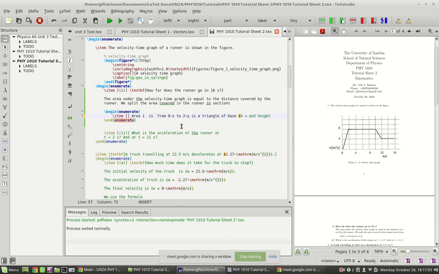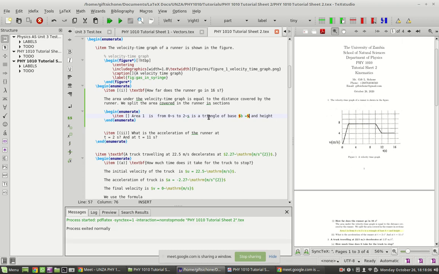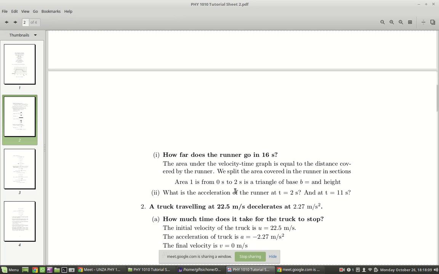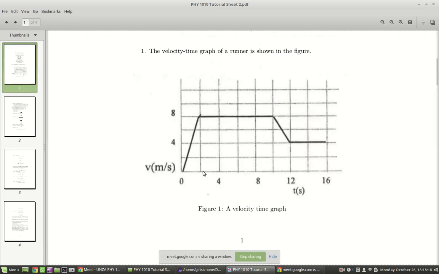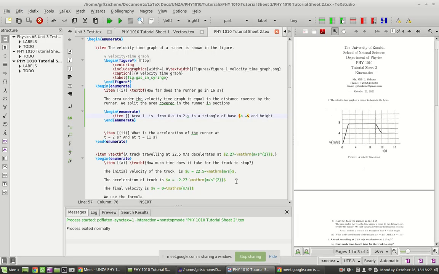How much is the base of the triangle from 0 to 2 seconds? This one here, area 1, from 0 to 2 seconds. That's the triangle we have there. How much is the base? How much is the height?